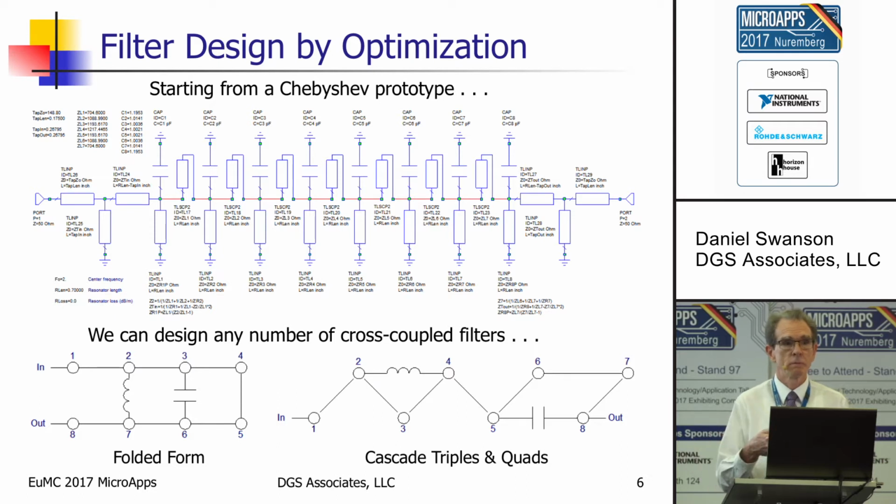And your desired transmission zero will appear at some point, and then you can control its position. So we can design any number of filters either using this folded form or the cascade triples and quads approach, and do it all without actually ever doing any synthesis.